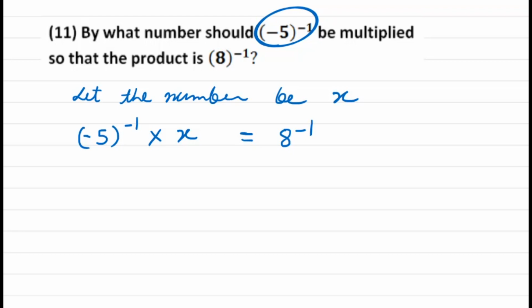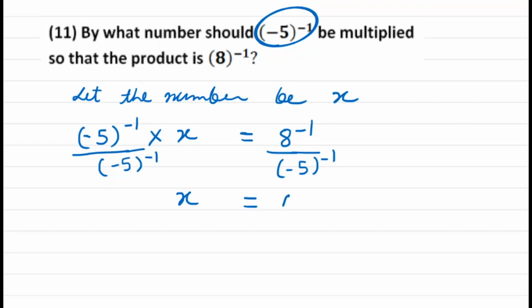Now here we need x, so we will divide this whole equation with this one. So here this will cancel out, so you'll get x on that side, and here we will get this. Now 8 to the power -1 means you have to take the reciprocal of it.